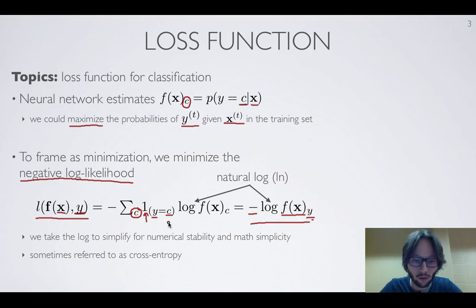So if y is equal to C, then I multiply 1 by the log of f of x of C, which is my estimate of the probability of the true class being C. Otherwise, if y is not equal to C, then this term is 0 and disappears. So effectively the only non-zero term is this one. That's why these two things are equal.